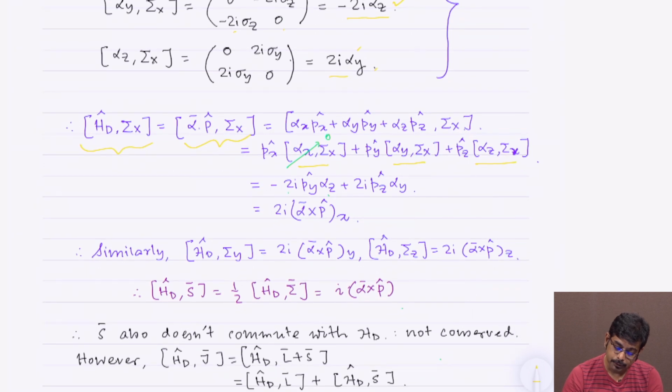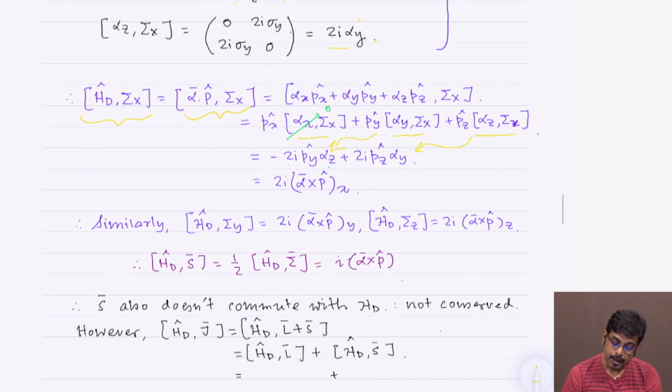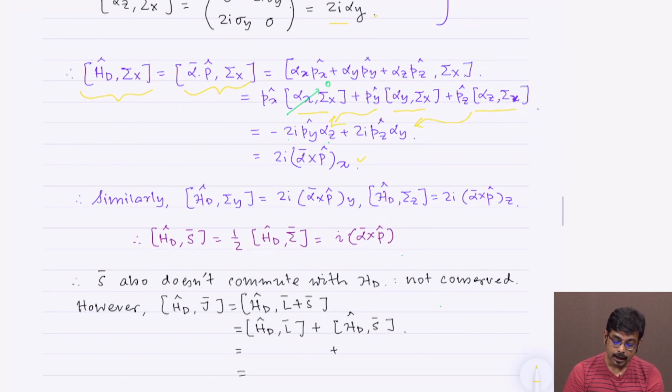Therefore, this is minus 2i p y alpha z coming from this term, and 2i p z alpha y coming from the third term. Together, this quantity p y alpha z minus p z alpha y is nothing but the x component of alpha cross p. So this is 2i times the x component of alpha cross p. Similarly, if I take the commutator of H_D with sigma y, this gives 2i times the y component of alpha cross p.